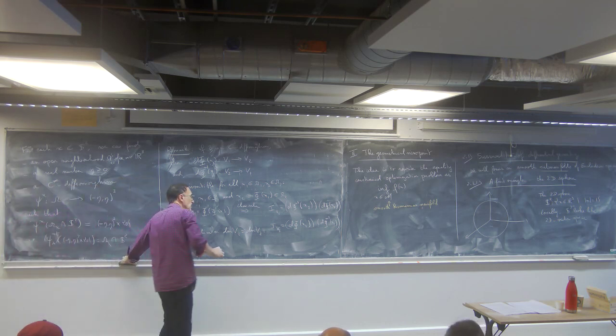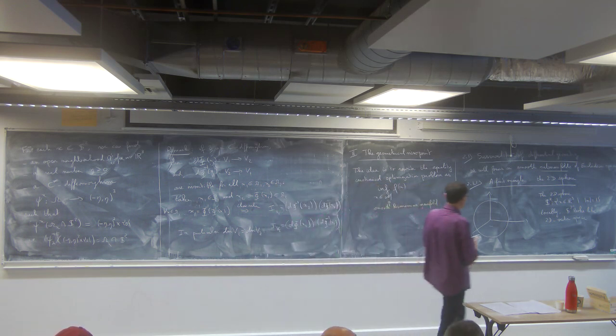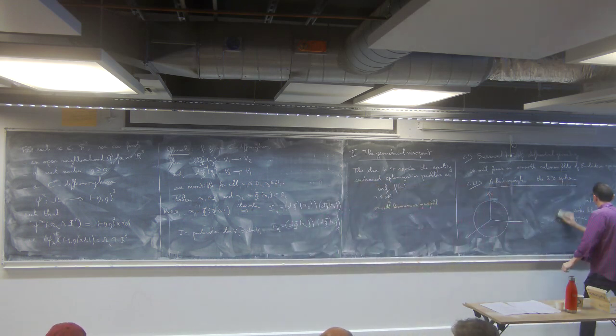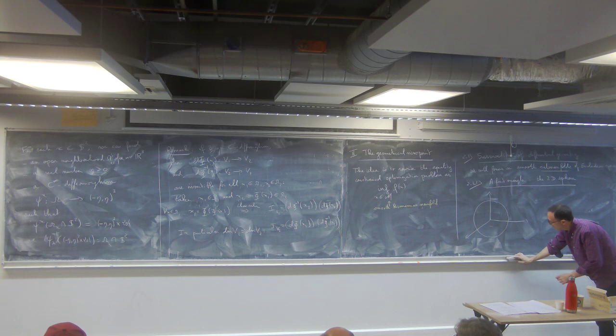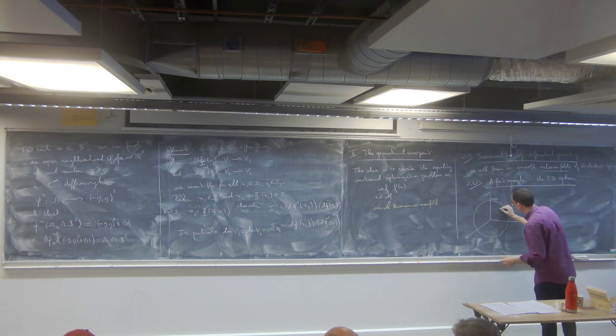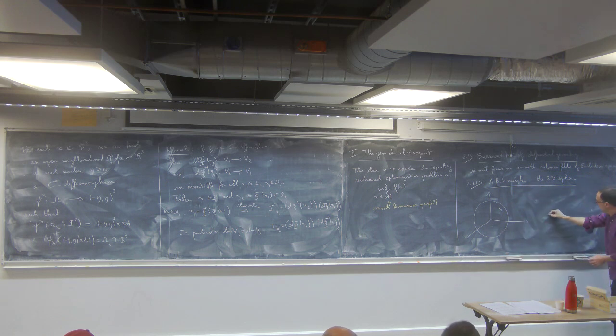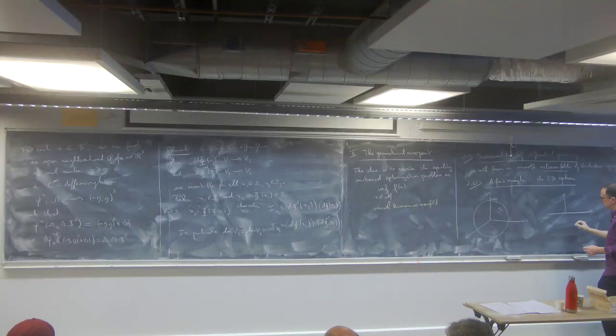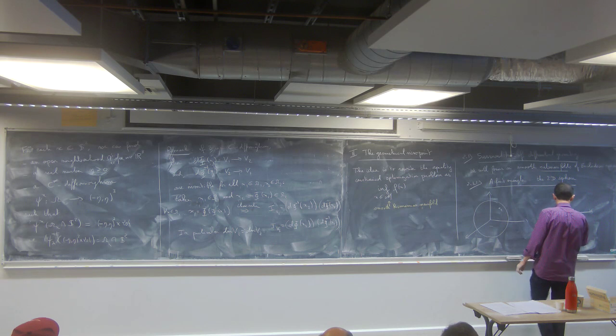Okay, so let me draw, explain what this means. So it means that locally, you pick a point, let's say x here, and then you are in the three-dimensional space, and then you have a cube.